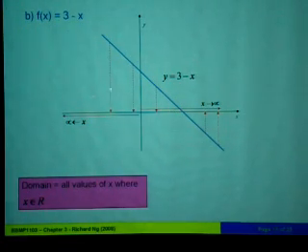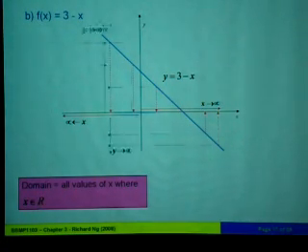We can continue because the line will continue until infinity. So we have the value of x on the left hand side moving towards infinity, and the same goes for the right. Therefore we can say the domain of this line will be all values of x, where x is a member of R, which is the real numbers.